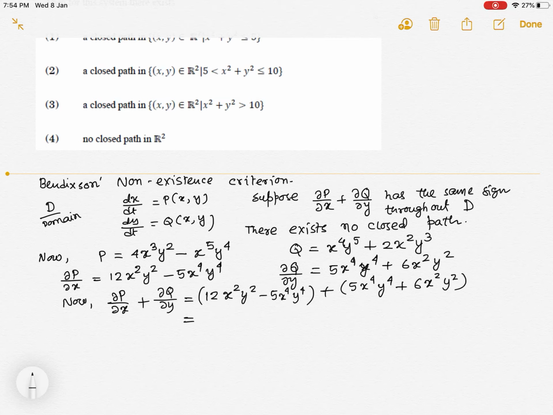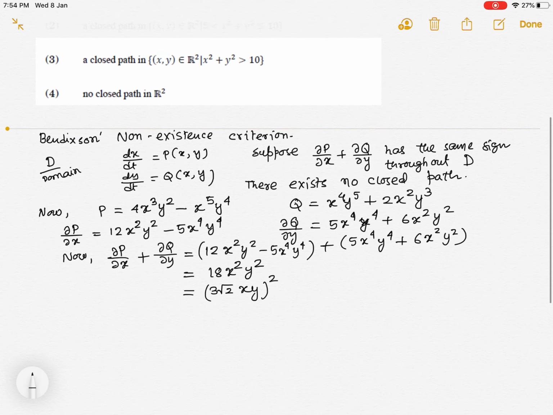This is equal to 18x²y², which is equal to (3√2 xy) whole squared.